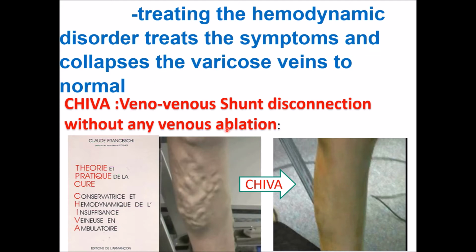In this example of CHIVA, veno-venous shunt disconnection without any venous ablation, you can see this big, huge varicose vein totally collapsed, still draining, but no more dilated, without any ablation.